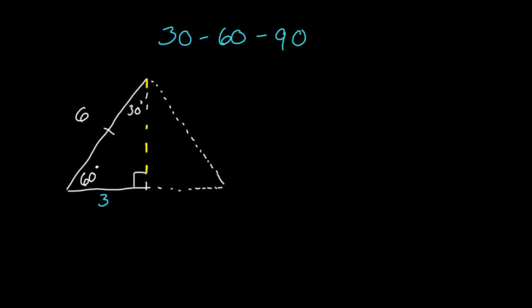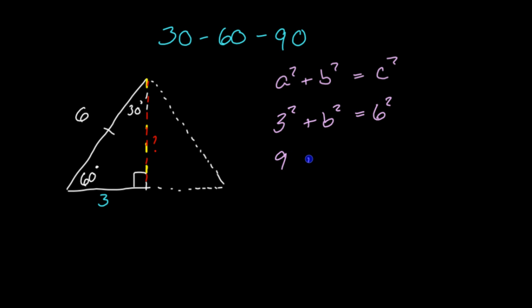So on a 30, 60, 90 right triangle, so far I've got two measurements. What is the distance of the altitude? How big is that? And we could use Pythagorean theorem and solve that out, right? A squared plus b squared equals c squared. And your a and b, well, that's going to be 3 and we don't know, so 3 squared plus, we'll leave b squared equals c squared, which is 6. 3 squared is 9.